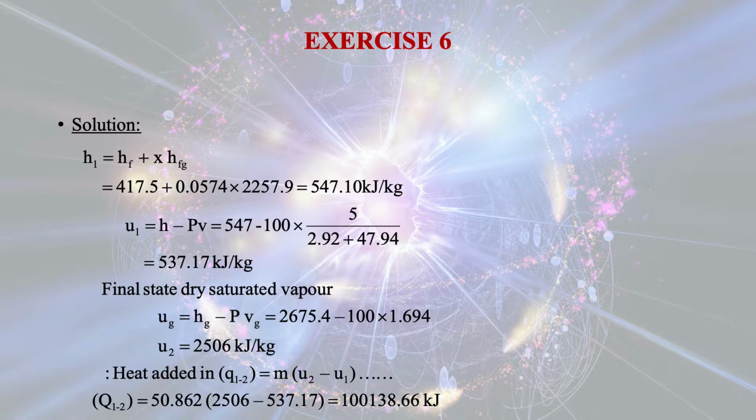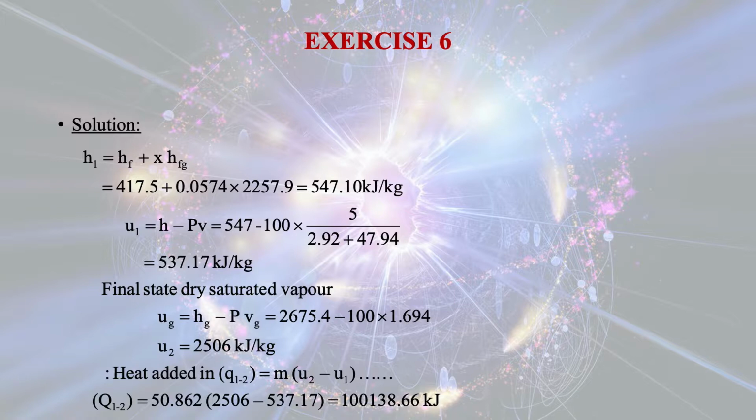Put the value of the pressure p and the specific volume at the initial stage, that is equal to 5 divided by 2.92 plus 47.94. So it comes out to be u1 equal to 537.17 kilojoule per kg.